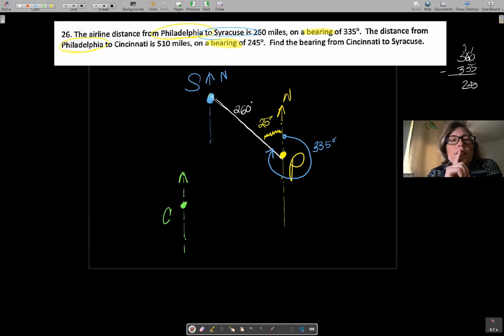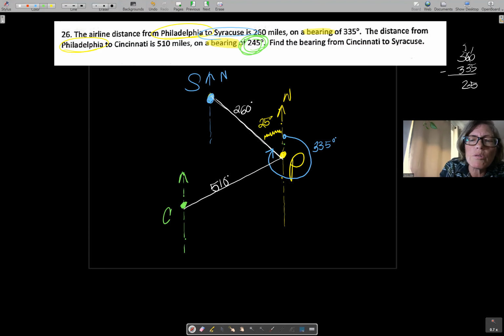Then it says the distance from Philly to Cincinnati is 510, and its bearing is 245 from the same point.